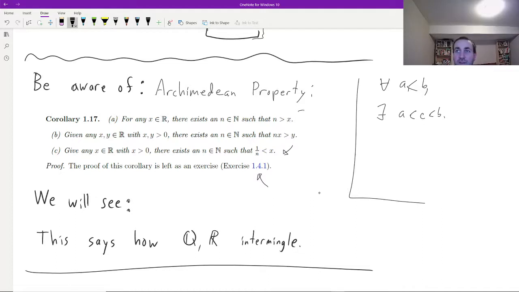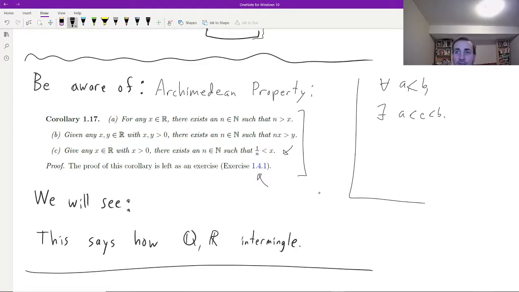So we proved that before. The proof of the Archimedean property, or at least the parts after the first one, you're sort of playing the same type of game of guessing what the number should be and then checking that it really works. What are we doing when we're talking about the Archimedean property? Well, really what this is talking about is how Q and R intermingle.